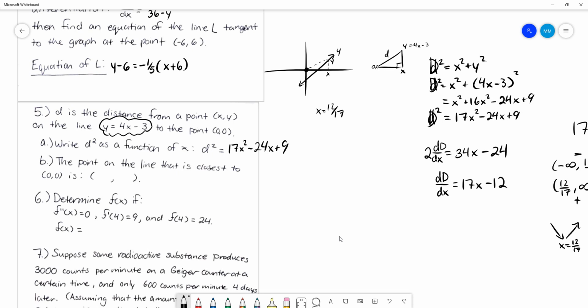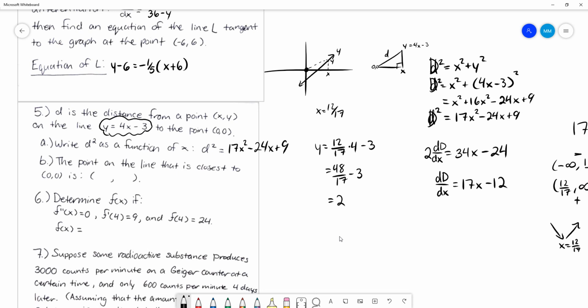So we have to plug in 12/17 to our y equals equation. So y equals 12/17 times 4 minus 3, which is 48/17 minus 3, which is going to be 2.